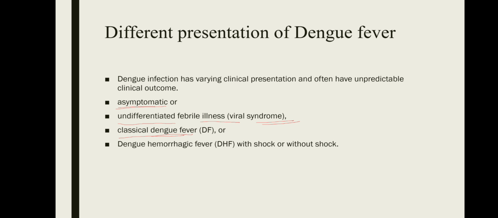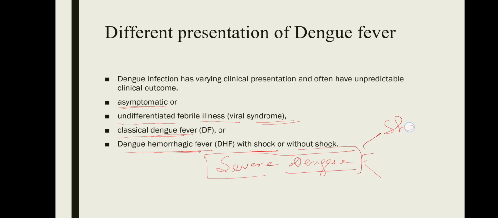The last and most important type is dengue fever presenting with shock and hemorrhagic manifestation. Previously it was called dengue hemorrhagic fever with or without shock. Now the name has changed, and it is called severe dengue. The patient may present with any two of three features: shock, coagulopathy, and fluid overload.